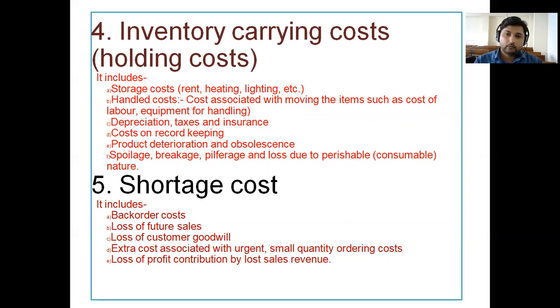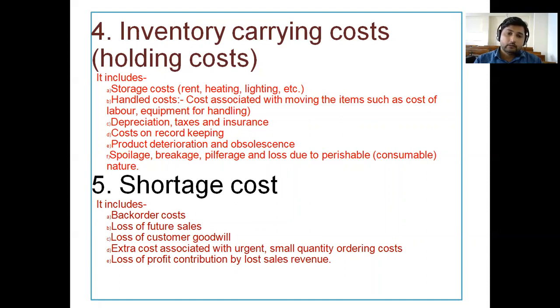Then there are some consumables, some food products, which have expiry dates. Such products will get spoiled after that expiry date. Some products are made of glass, so they may break during transportation or handling.